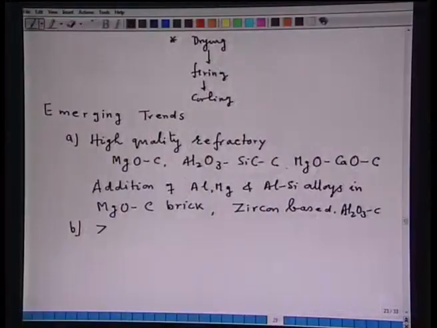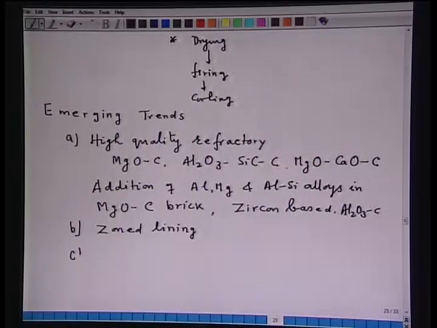Another important thing in the emerging trend is the concept of zoned lining. Zoned lining means those critical areas which are subjected to high corrosion and wear, you line it with a very high quality material, that is the zoned lining. Third emerging trend is the repairing methods.